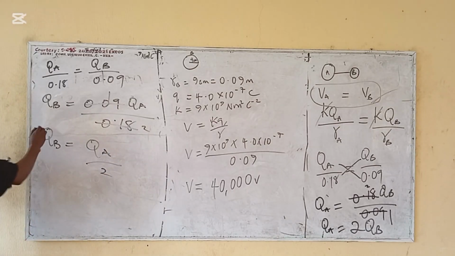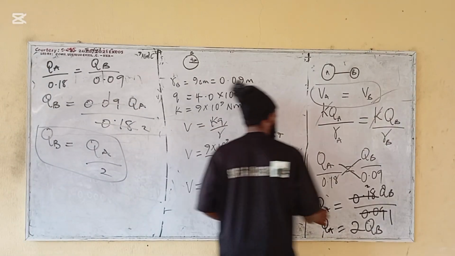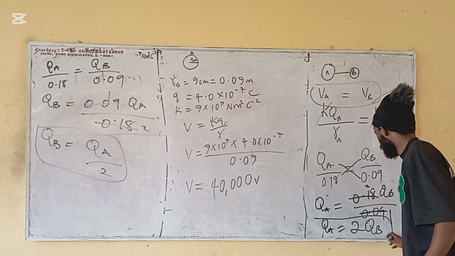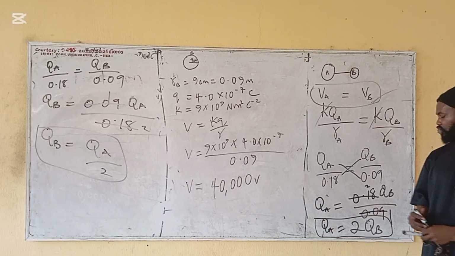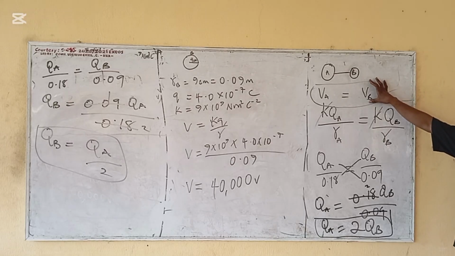Which means that this is the relationship of the charges: QA is simply 2 times QB, and QB is simply QA over 2. So how did I get it? From this relationship when I connect with a wire. That's what I've gotten, and this is the answer that they're expecting from me. This part, I just solved for them because I shouldn't leave this.